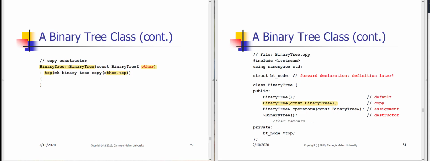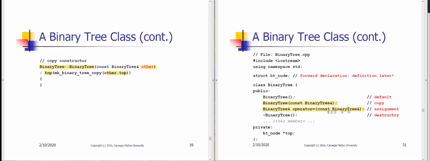And so now we've implemented the default constructor, the copy constructor, and the destructor. The last one of these four member functions that we absolutely have to define ourselves is the overloaded assignment operator. In the overloaded assignment operator, notice that the argument is a reference to a binary tree const.